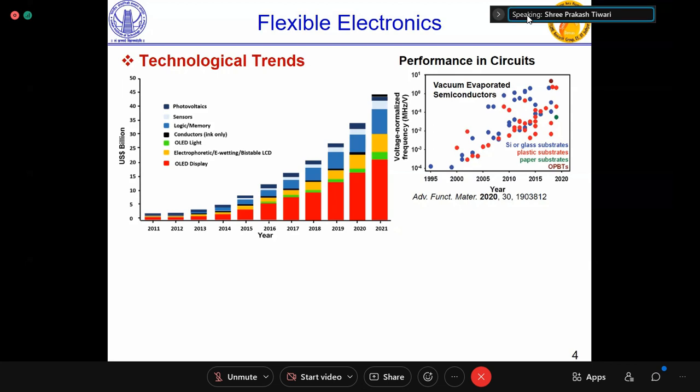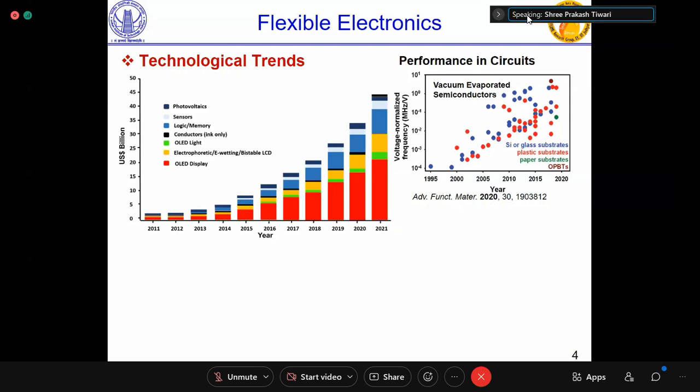What you see here is time on the x-axis, how things are reported with time, and on the y-axis, voltage normalized frequency. It is a speed or performance parameter of a transistor-based circuit.